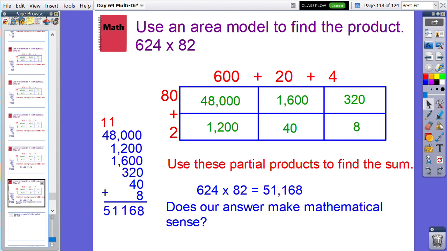Does our answer make mathematical sense? Yeah, we rounded 624 down, and we also rounded 82 down. So it makes sense that our answer is actually a little higher than our estimate was.